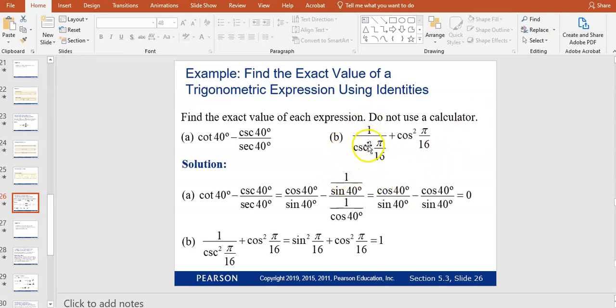If we look at the 1 over cosecant squared, we're going to rewrite that as 1 over sine squared plus cosine squared. Let's look at that one real quick. We have 1 over cosecant squared pi over 16 plus cosine squared pi over 16.